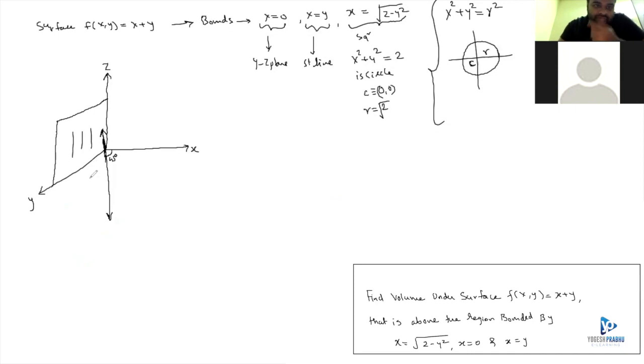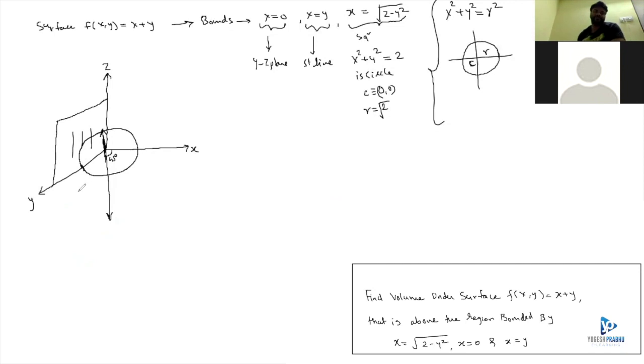Circle. Circle in the xy plane, right? So that circle is over here. Right? Now you tell me what are the bounds?